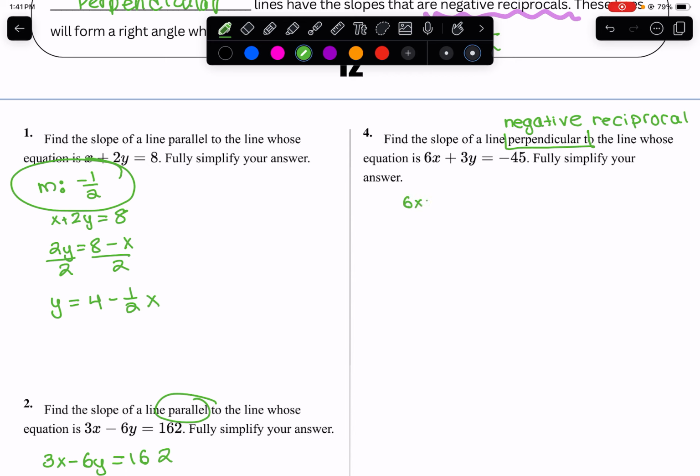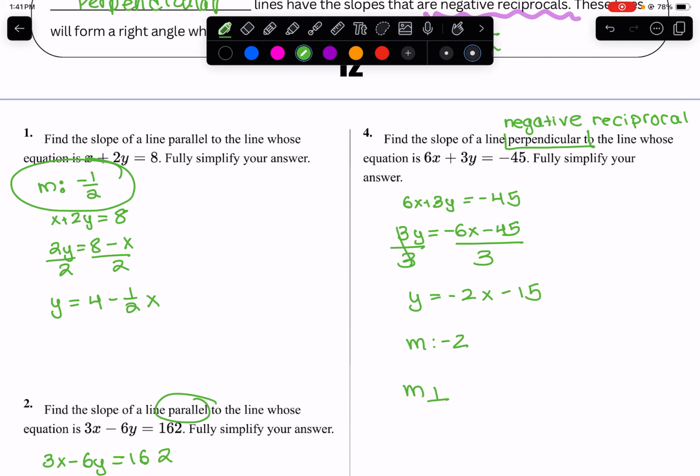So first thing I want to do is put this in slope-intercept form. So 3y is equal to negative 6x minus 45. Divide by 3. So I get negative 2x minus 15. So my original slope was negative 2.